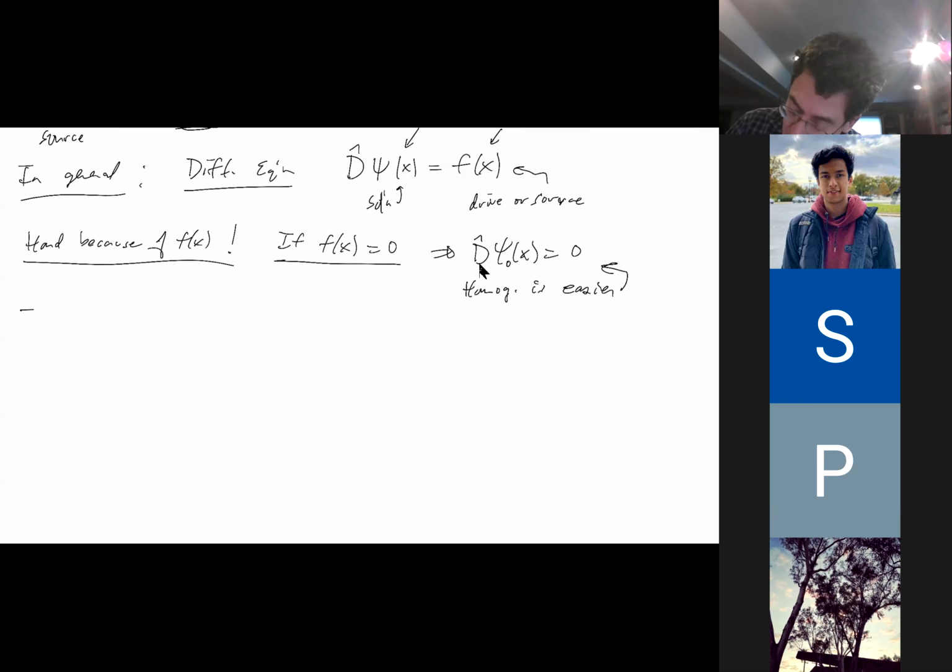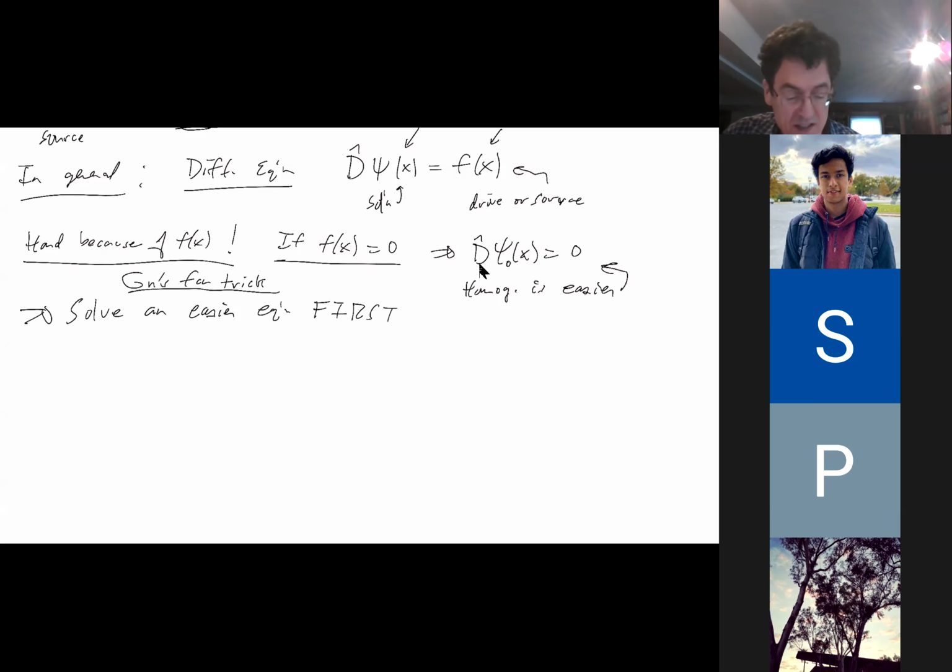So what we do is we solve an easier equation, and this is the trick. The Green's function trick is that we solve an easier equation first. We take that differential operator and suppose it's acting on the solution. The Green's function is the solution, but now I make the source a really simple source.